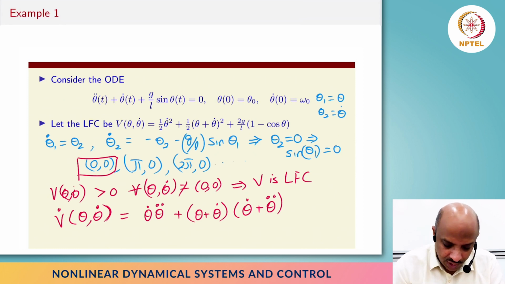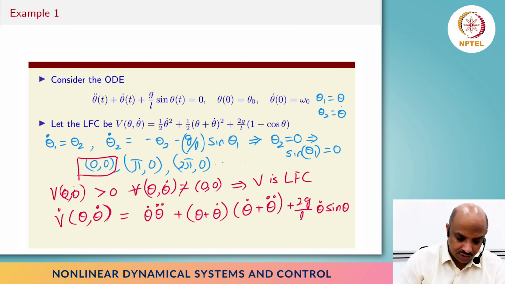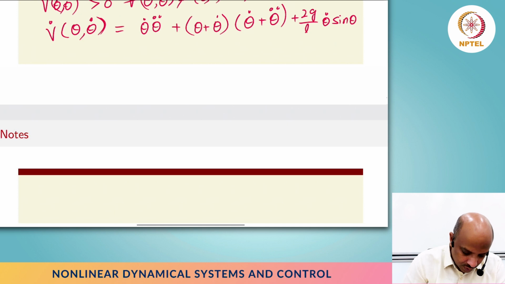and 2g by L sine of theta. The derivative of cosine of theta is minus sine of theta, so we'll get something like theta dot sine of theta, and the original sine will get cancelled, right? So remember theta double dot, well, let me first simplify.